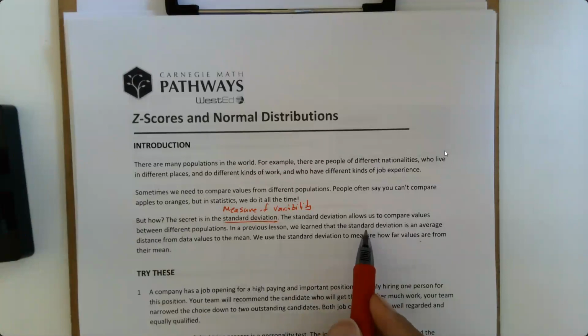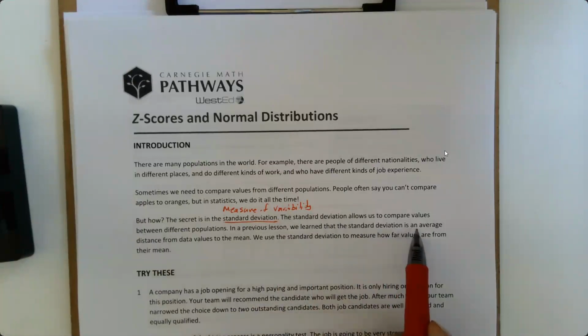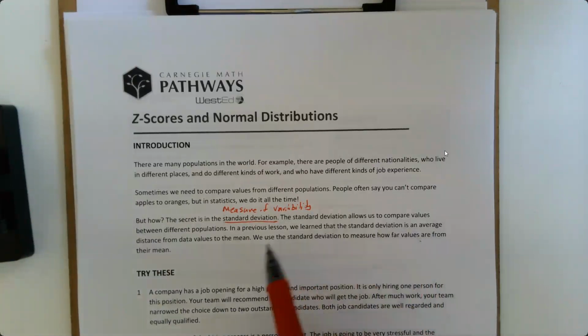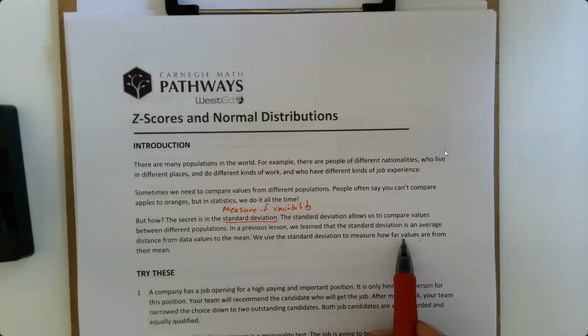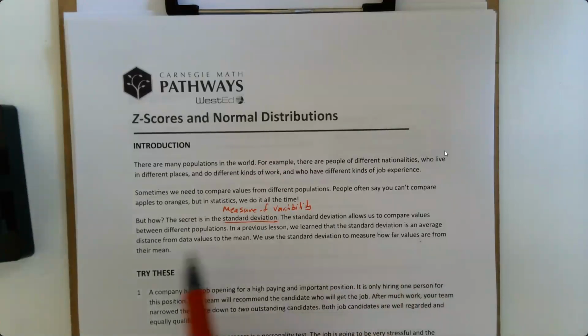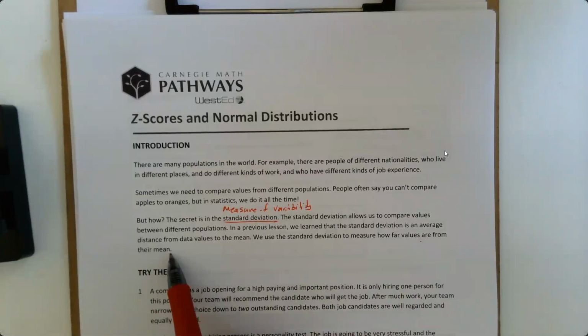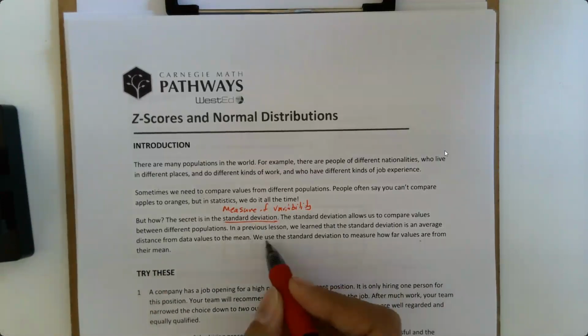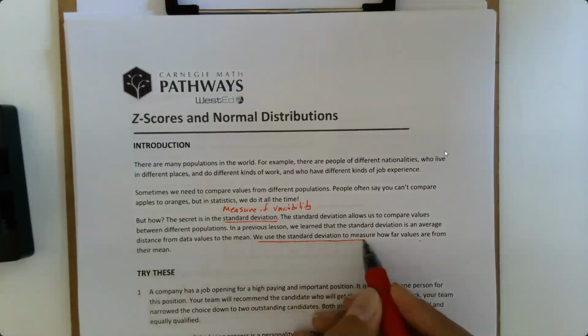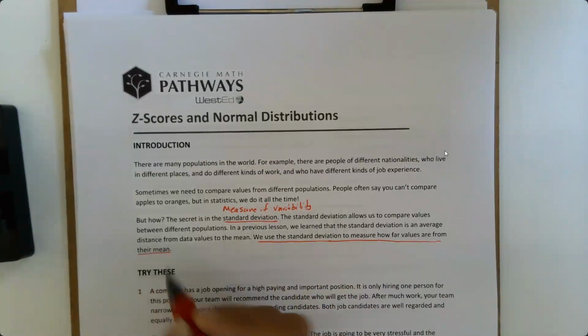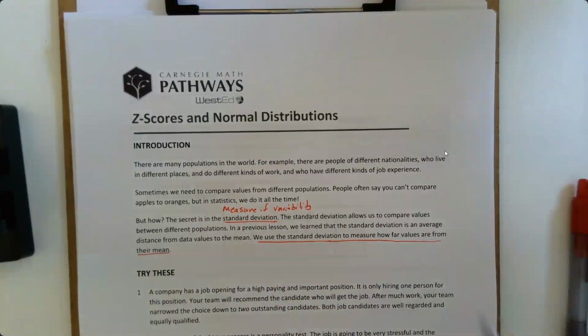Standard deviation gives us a measure of variability. On average, what's the difference between a data value and the mean? We use the standard deviation to measure how far values are from their mean. So this is the use of standard deviation.